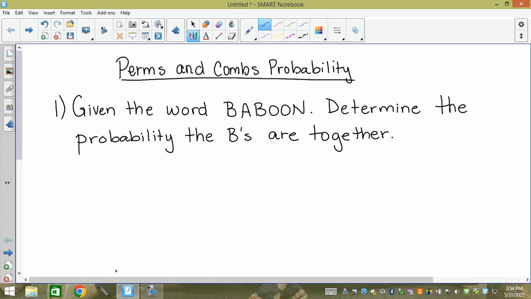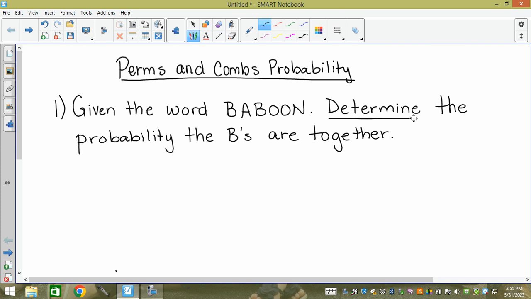Now, without the word probability, we just would figure out the permutation of baboon with the B's together, correct? With the word probability, I still figure out the permutation of the word with the B's together for baboon. That just goes in the top. And then the bottom is, hey, I have the word baboon. No restrictions. Total. That's what the bottom is. Okay? So anything after the word determine affects only the top of your probability statement.